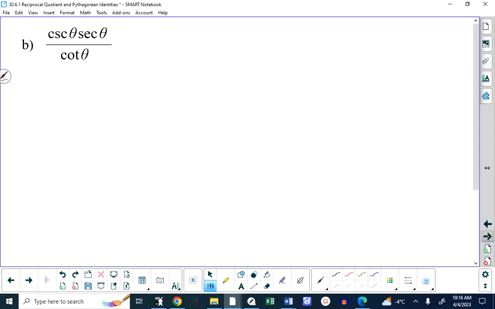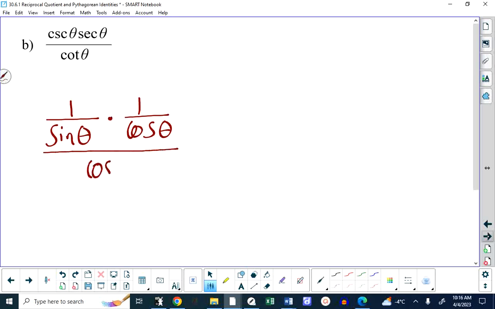Well, write everything in terms of sines and cosines. Cosecant is 1 over sine of theta. Secant is 1 over cosine of theta. Cotangent is cosine of theta over sine of theta.